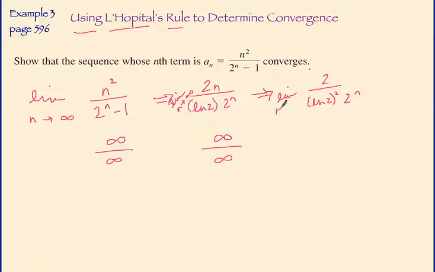When we take the limit as n approaches infinity in this case, we get 2 over infinity, which is 0. Therefore, the limit of this sequence is 0, and it converges to 0. The terms get closer and closer to 0, and that is also its limit.